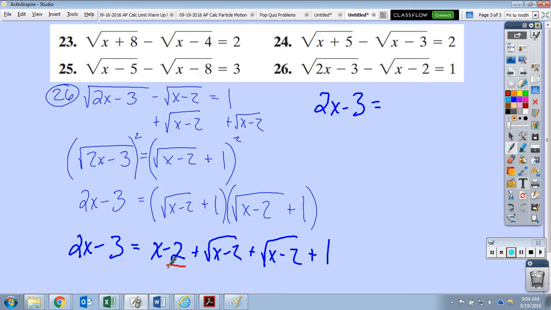This is a constant term, -2. And this is also a constant term. Okay. Any other like terms? This and this. And that's it. This x is the only term that's like itself. So if we do this, what would we get then if we combine like terms? We do it all in one step.